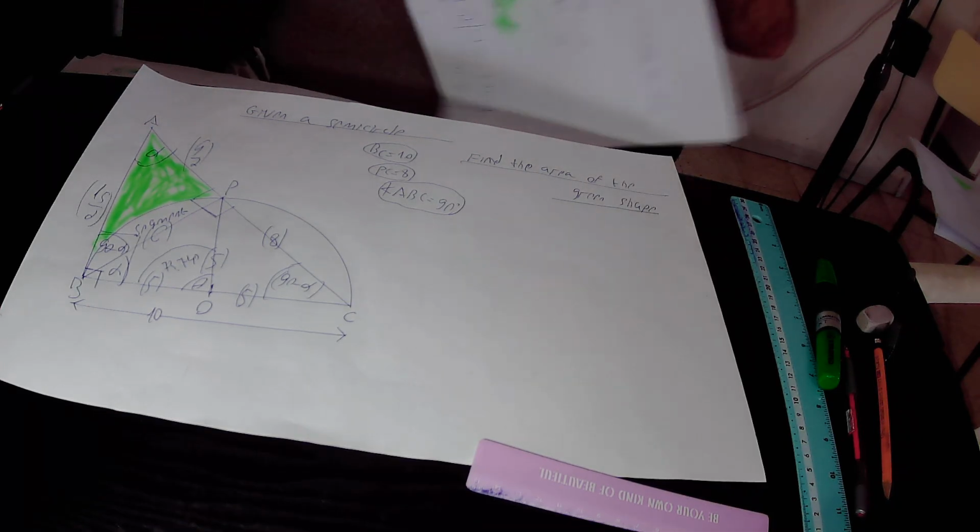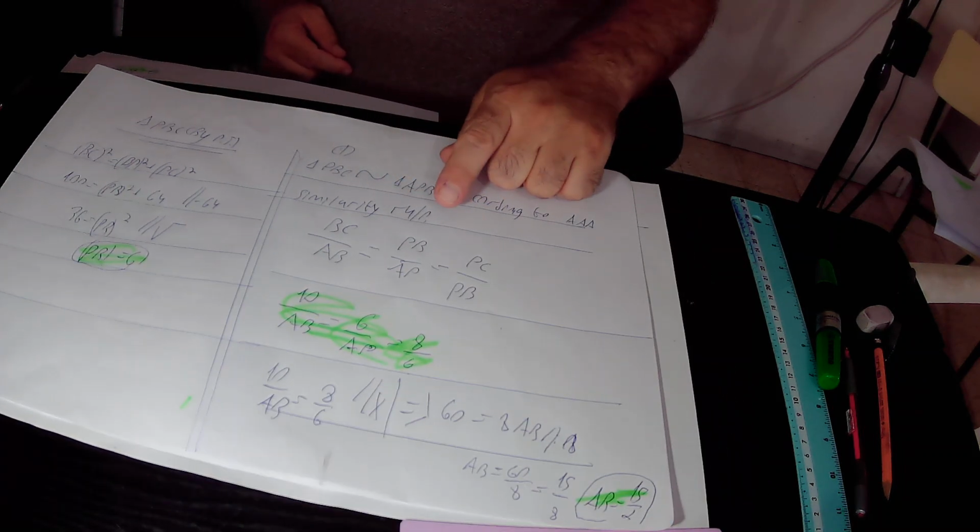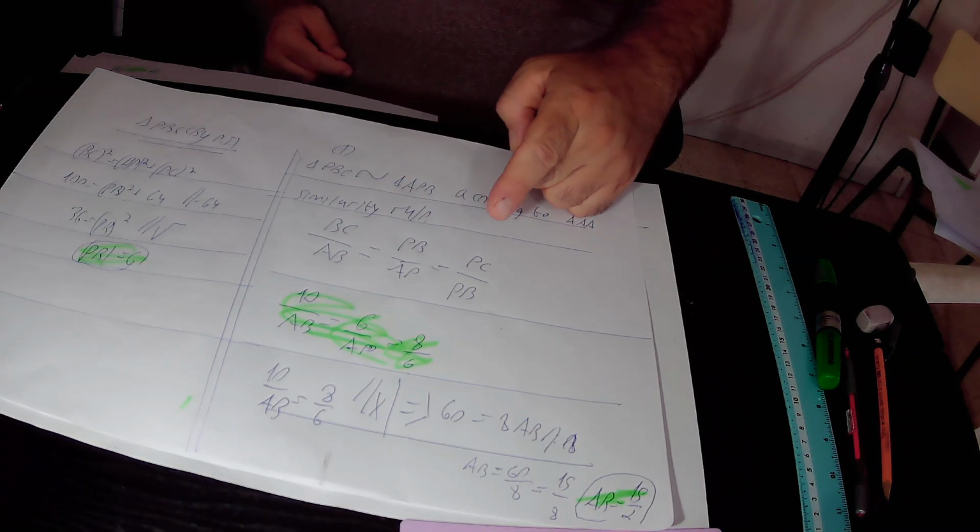Again, BC over AB equals PB over AP equals PC over PB.